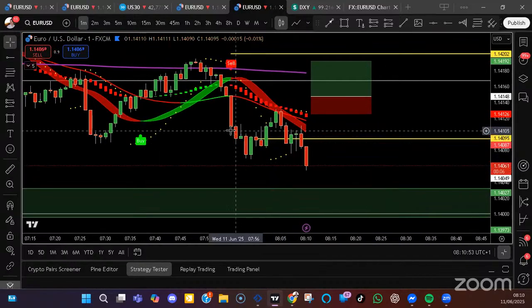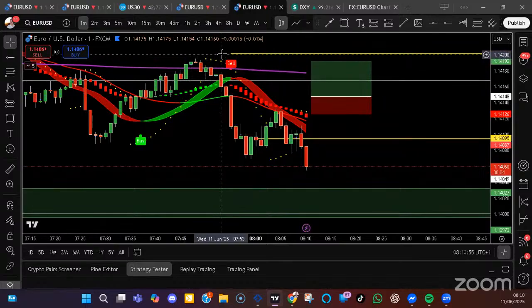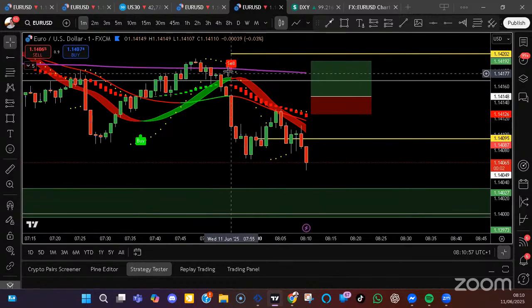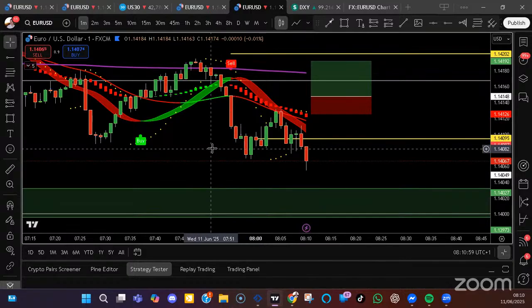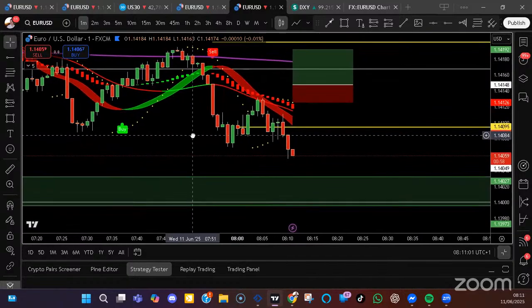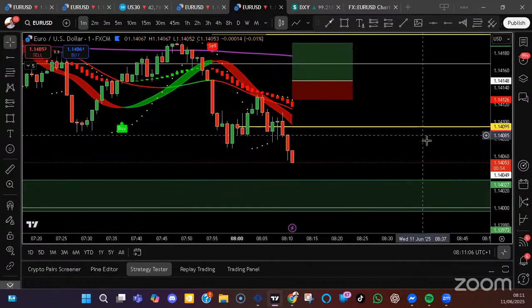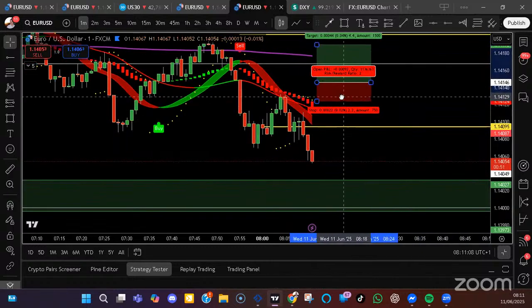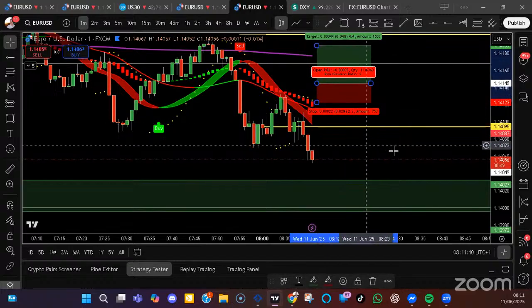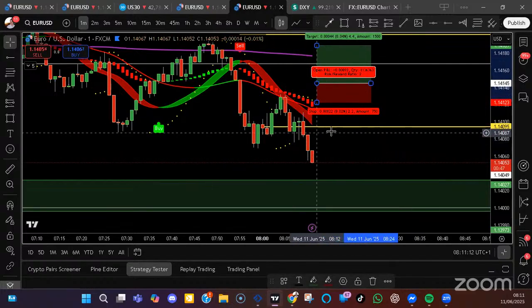So you missed out, ignored the zones and took that sell. You've got a 65% chance of winning, so the odds are still in your favor. But we know we're in the buy zone now.